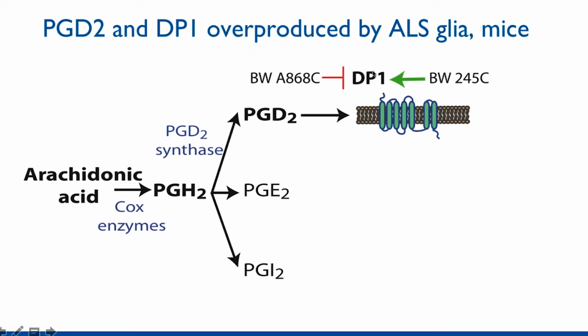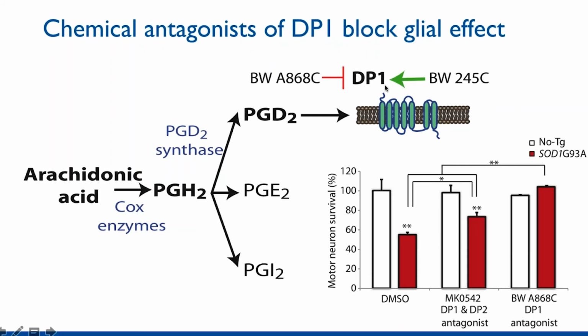So we thought we would investigate whether or not we could exacerbate the non-cell autonomous effects with compounds that activate this receptor, and also see whether or not we could ameliorate some of the effects with inhibitors of this receptor. And in fact, that's exactly what we found.